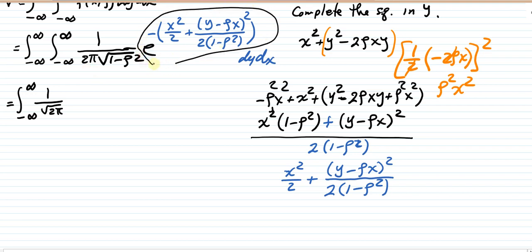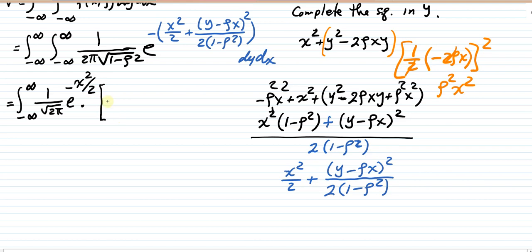And then with the exponential function, this is in the form e to the m plus n. So I can write that as e to the m times e to the n. That's what I'm going to do next. I'm going to split the exponent and write it as a product of 2 exponential functions. So that's e to negative x squared over 2, the first part, times the integral from -infinity to infinity of 1 over square root of 2 pi, right?